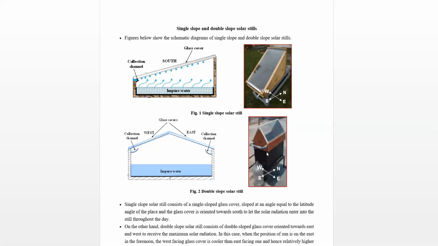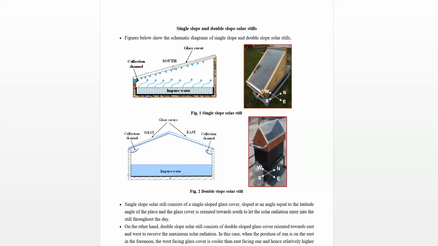So now, what is causing the distillate, the condensate, to be produced here? It is because the impure water is being evaporated, and then it is condensed. The higher the temperature of basin water, the higher the evaporation rate, and the lower the temperature of the glass cover, the higher the condensation rate.